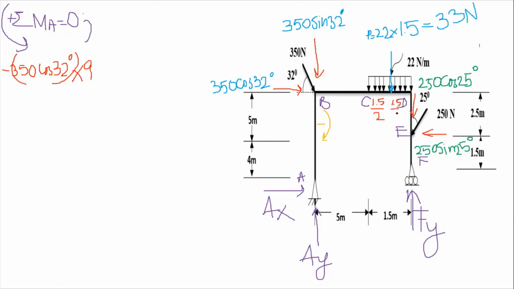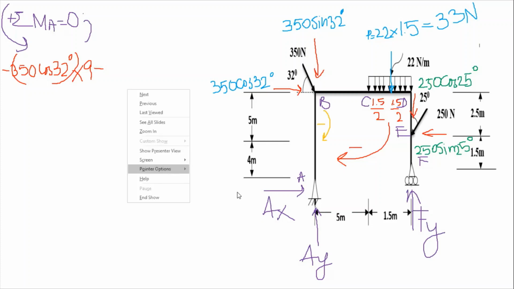So what will happen when we rotate this force here? It will be negative, and 1.5 divided by 2 plus this 5 meter. So what we have to do, minus, let me take another pointer color, for example purple. This is 33, and it should be multiplied with 1.5 divided by 2 plus 5.